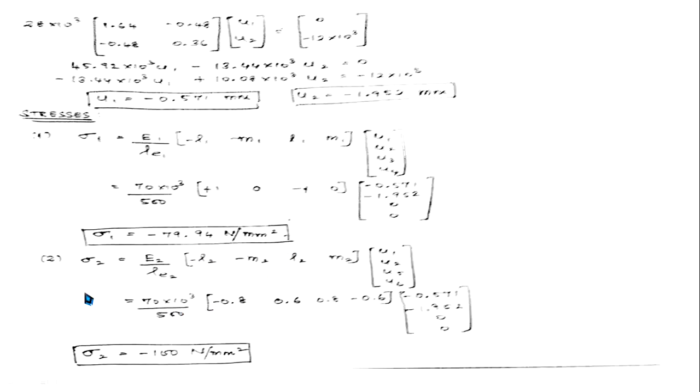The same thing you have to repeat for element number 2. A change will be there in the equivalent length and cosines of element number 2. Element number 2 is related to node 1 and node 3. Hence you will have U1, U2 related to node 1, and U5 and U6 related to node 3.